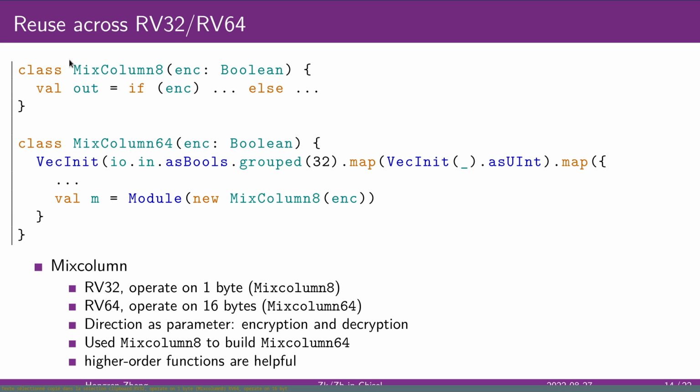In mix column 8 we have the if-else condition, and higher order functions are helpful here because we can just use map to divide the input 16 bytes into individual bytes, and instantiate mix column 8 for each of them.